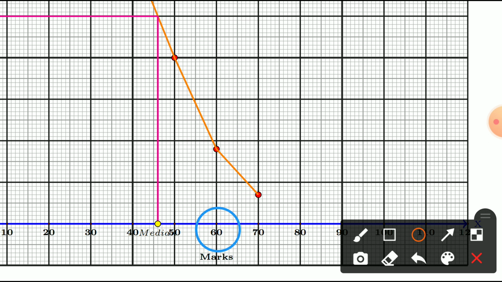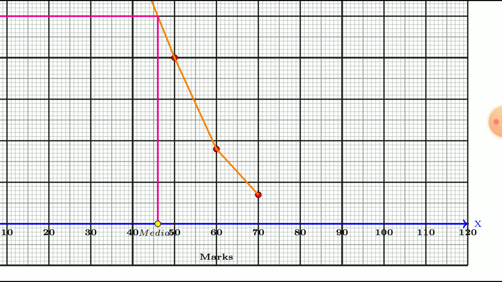From this point we draw one vertical line, and it will cross our curve at some point. From that point we have to drop one perpendicular on the y-axis.